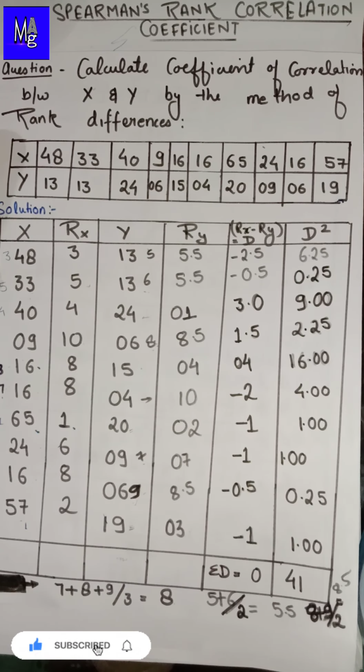But the question arises, what if you have a value which has been repeated twice or thrice? Suppose 16 is the value which has been repeated three times: 1, 2 and 3.